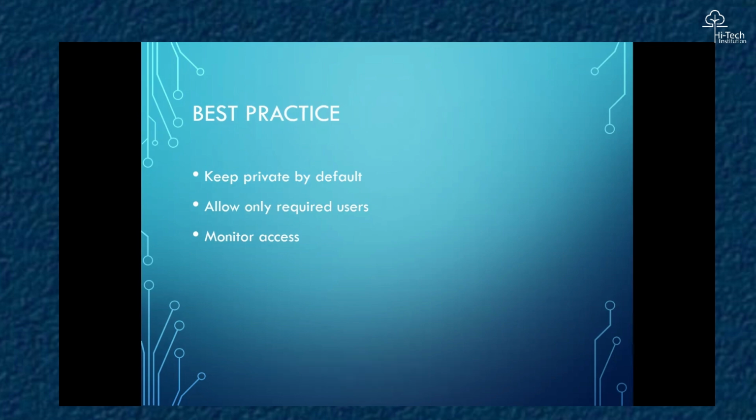Generally, keep our storage account private by default. But don't worry, whenever you are creating a storage account, if you are not enabling anonymous access, your storage account is in a private state. And you can allow permission only to the required IAM users, which is really good.